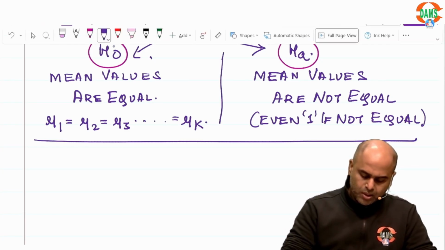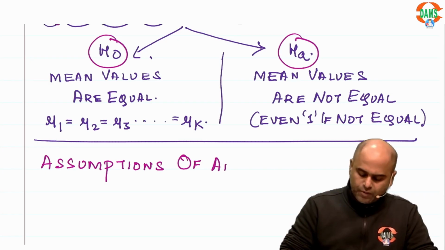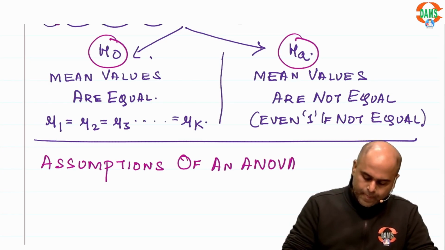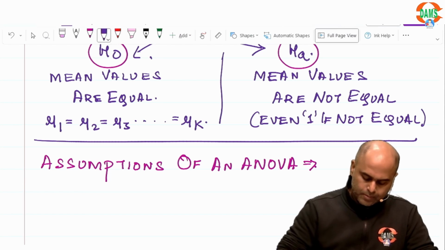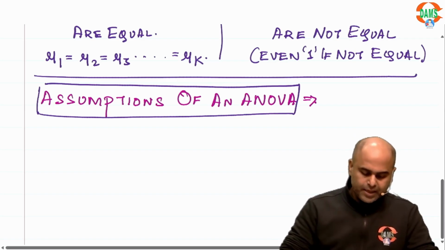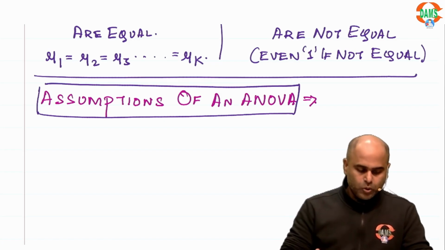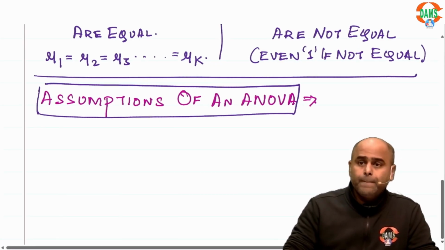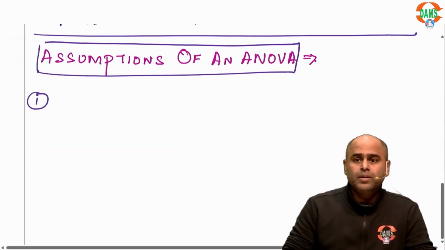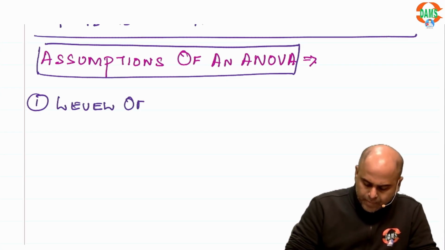So what are the assumptions which we take? Assumptions of an ANOVA. First, level of measurement.